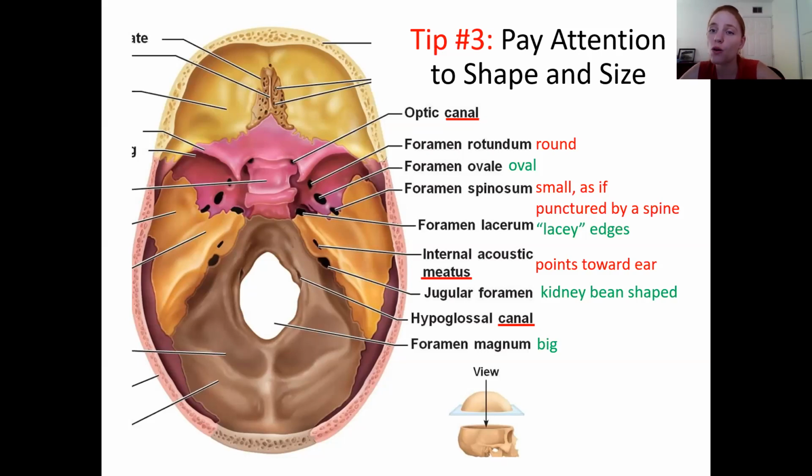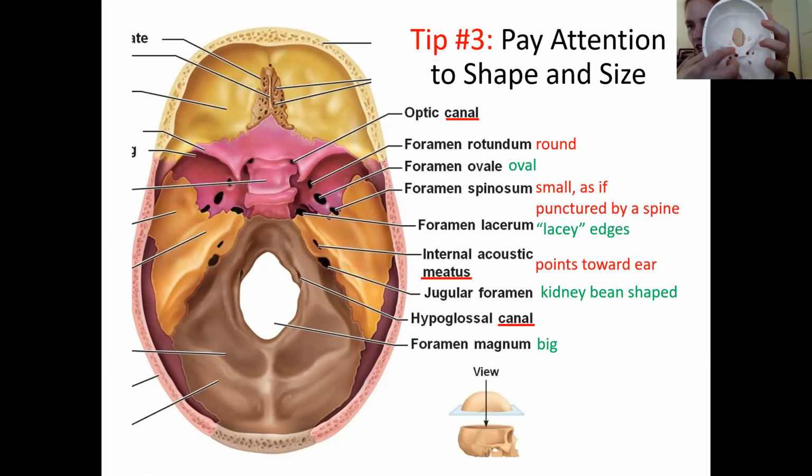Again, knowing what those terms mean is really going to help you. Now, because it's acoustic, this is the hole used by the nerve that brings hearing information to the brain. It's got to exit to the brain through the bone that way. And so this hole right here is oriented pointing laterally towards where the ears would be. Now look inside here.